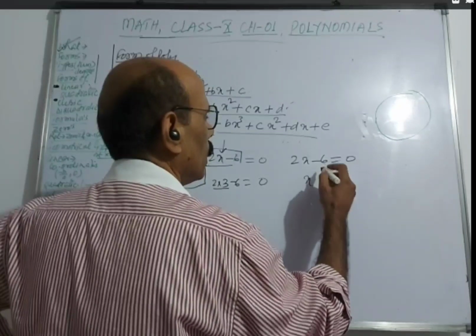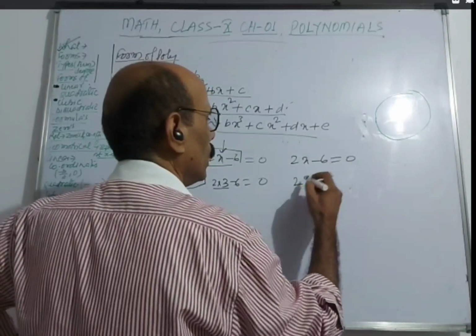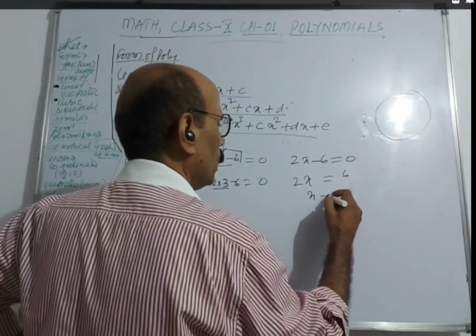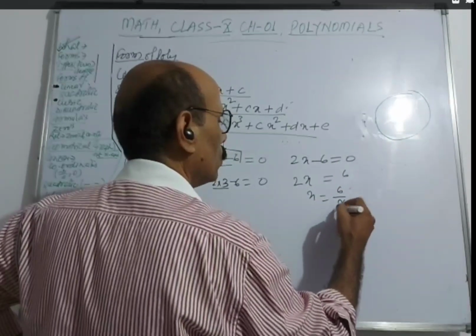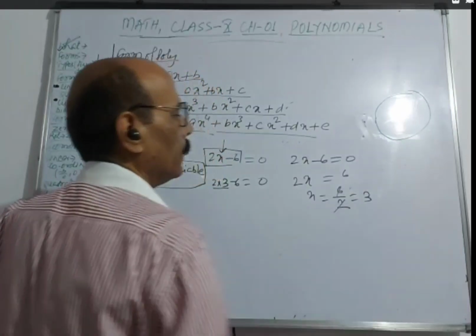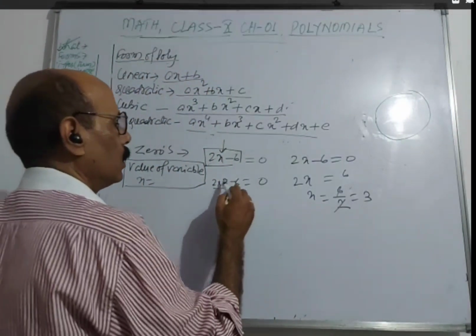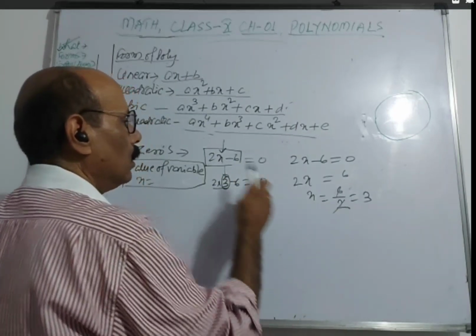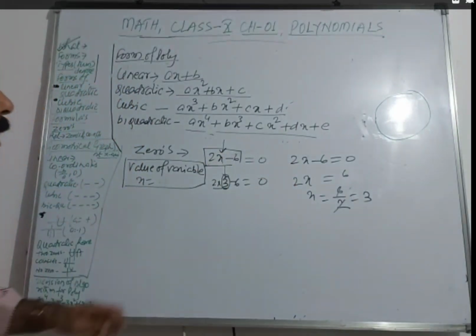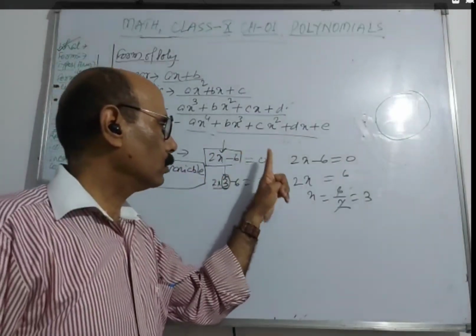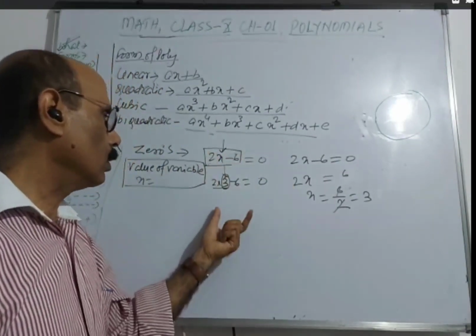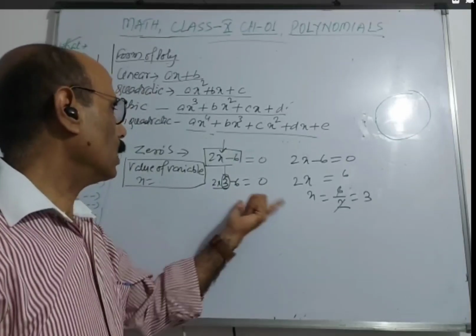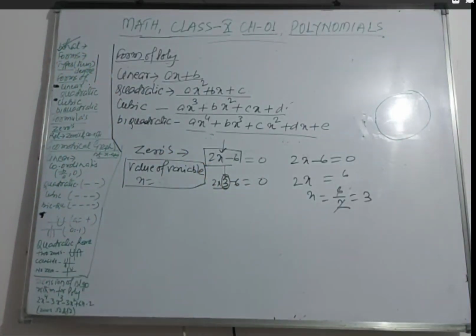So this will be 2x equals 6 on the right side. Only x is 6 by 2, which is 3. Same 3. That means if the zeros of a polynomial are asked, put it equal to 0, then solve, and take out the value of the variable x. That will be the zero of the polynomial.